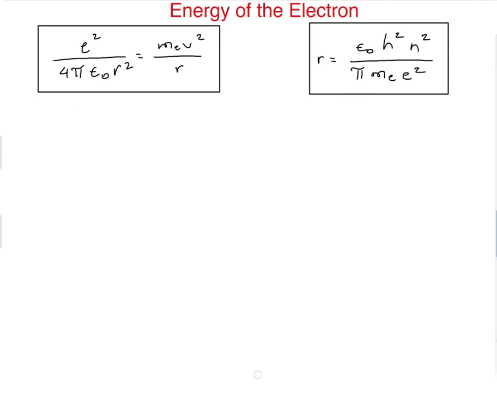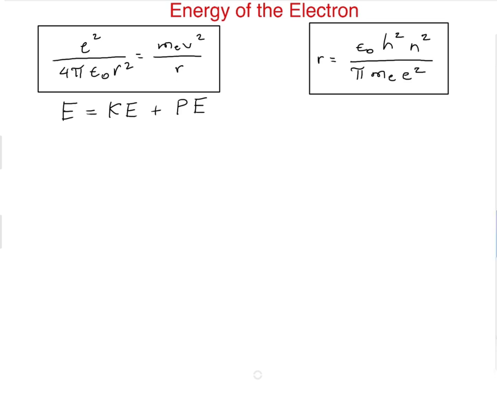To derive the energy of the electron, first, of course, we need the total energy, which is E equal to kinetic energy plus potential energy. That's what we know from physics. Instead of writing the normal potential energy, we use the potential energy that comes from the Coulombic attraction between the electron and nucleus.